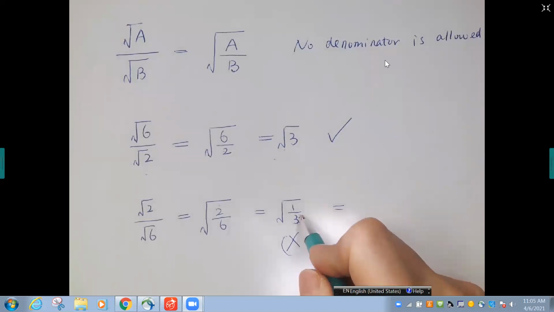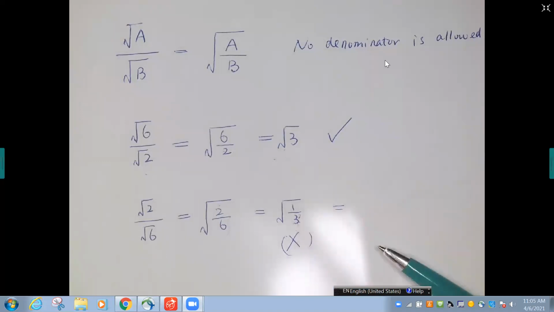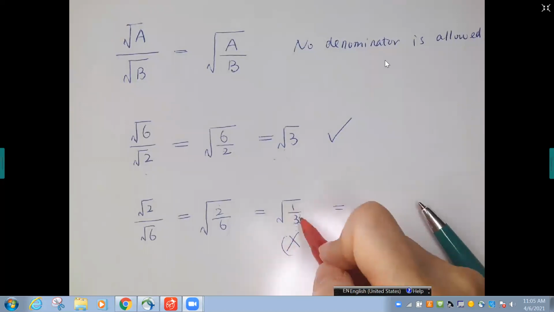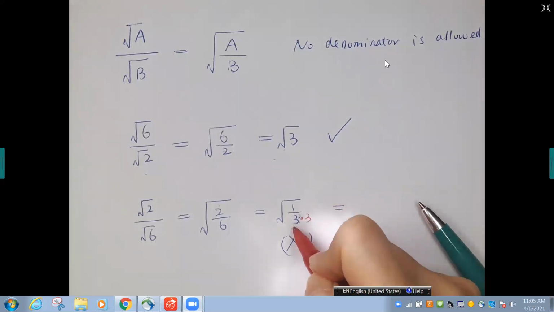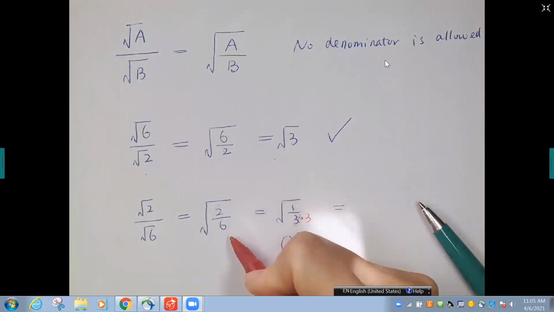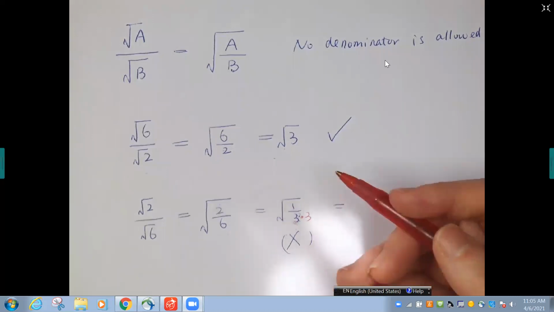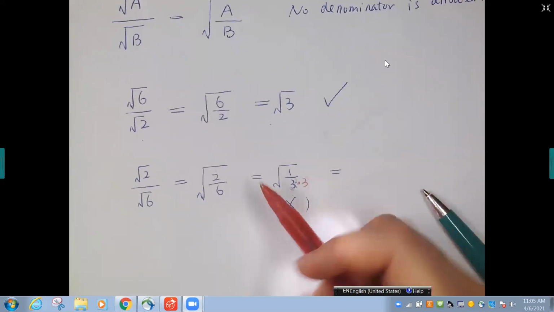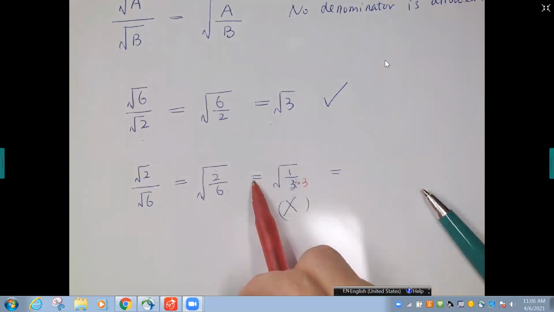How can I get the square here? If I multiply by another 3. So if I have another 3, 3 times 3, then I have 3 squared, and this 3 can be moved out. And recall, we have done this so many times: this is the equivalent fraction idea. We cannot change the expression.